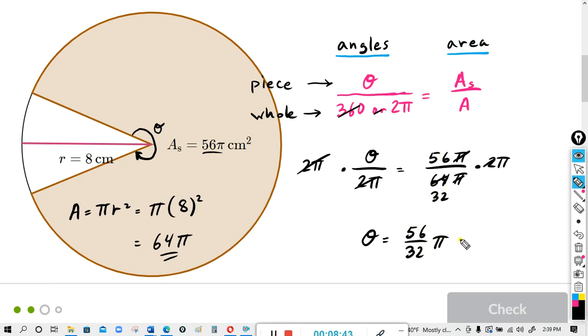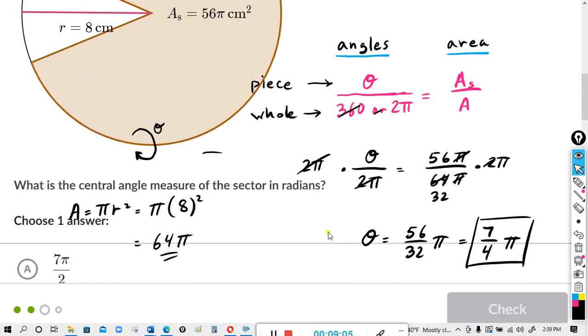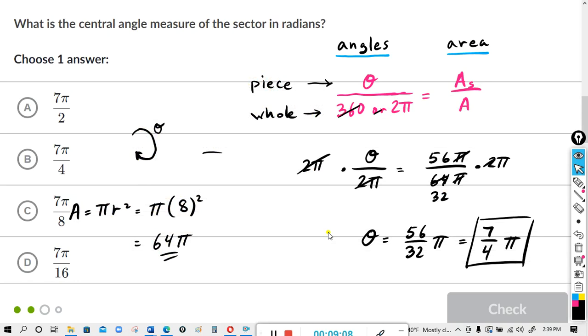Reducing that fraction, 56 divided by 8 is 7, 32 divided by 8 is 4, and we still have pi. So that's the central angle in radians: 7 pi over 4. When pi is out front, it's the same thing as being in the numerator.